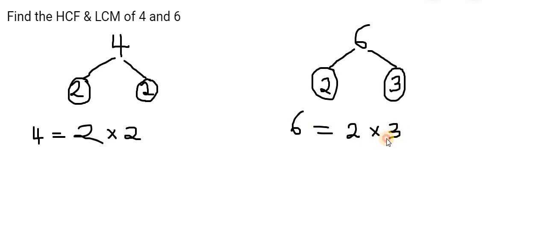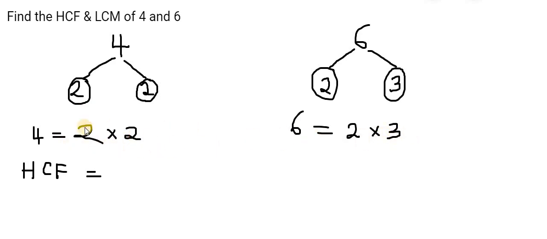Now from this, we can get our HCF and LCM. So we get our HCF first. Okay? So what we do is, the HCF is a common factor of the product of prime factors. Okay? So 4 is 2 times 2, 6 is 2 times 3.